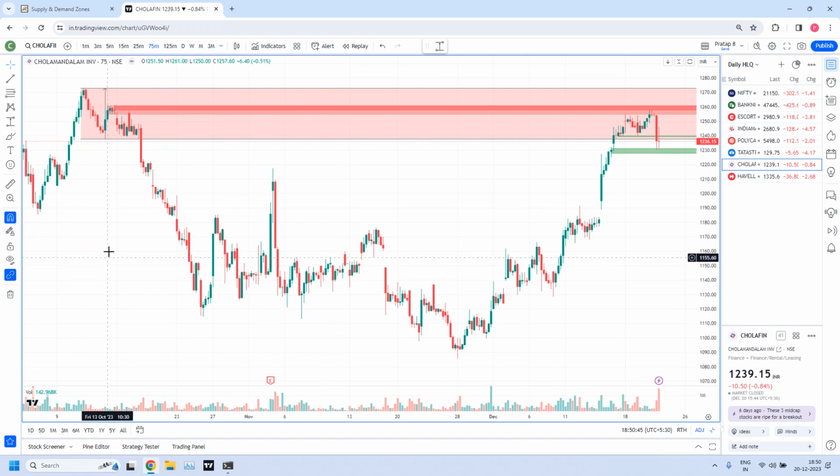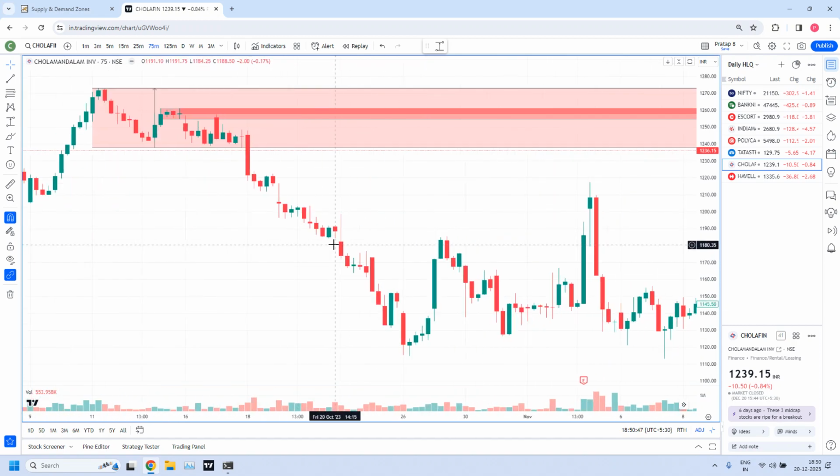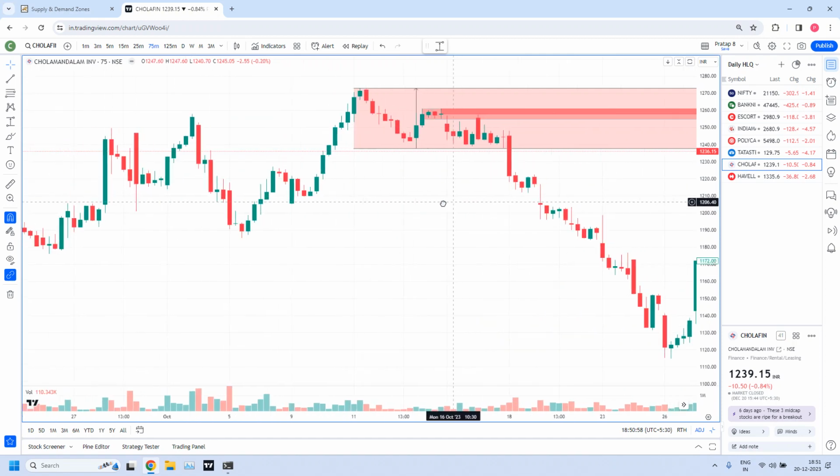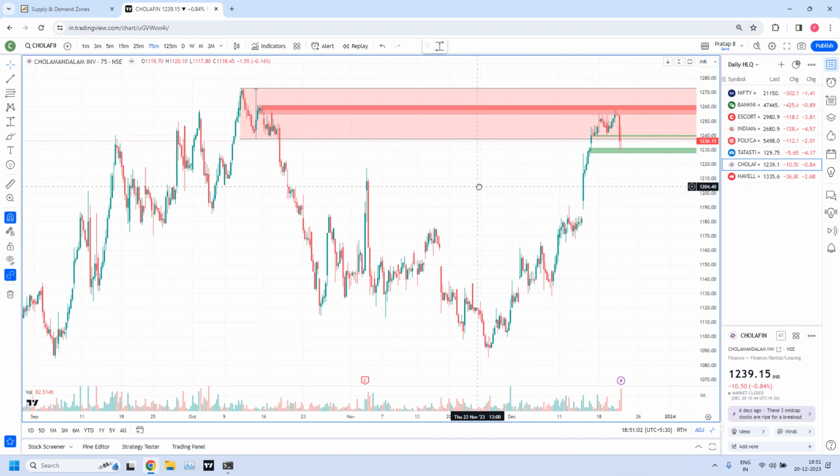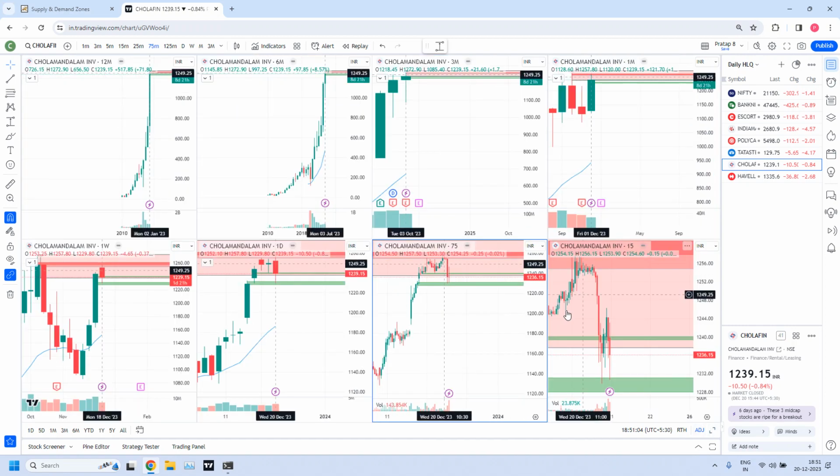Look into this 75-minute zone. Here we have a rally, 3 base candles and a drop candle with a hidden body. And this one we have fine-tuned to the 75-minute time frame.